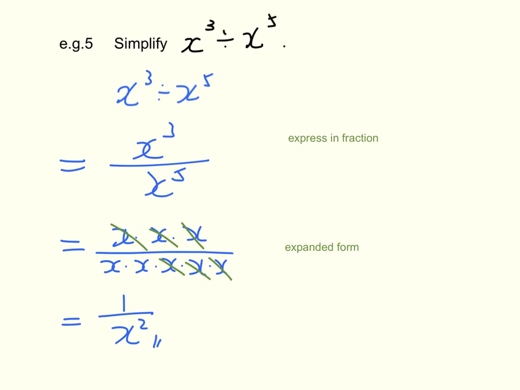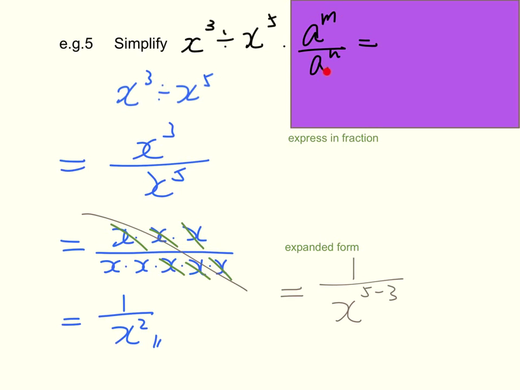Let's see how to apply the second law in this example, in this step. We can see there are more x's in the denominator, so it is equal to 1 over x to the power 5 minus 3. Then the answer is also equal to 1 over x squared.